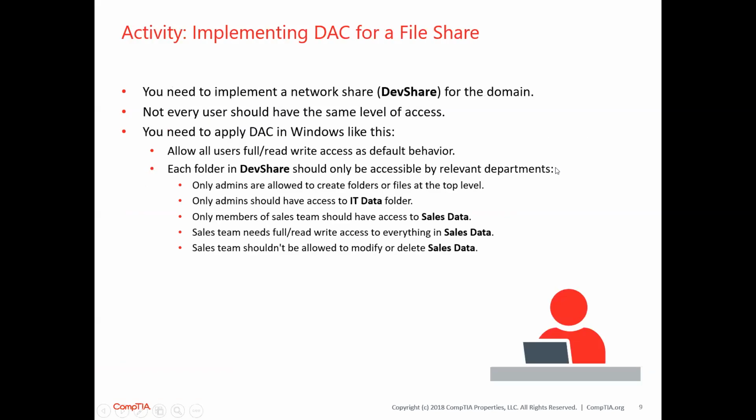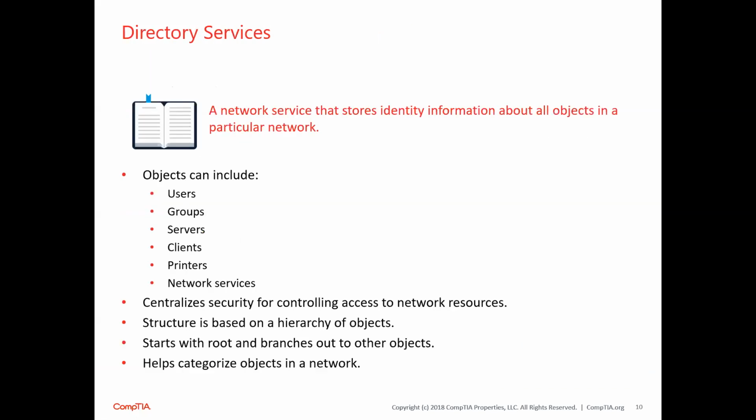Okay. Now, I've already shown you how to provide access, so I'll skip this activity. Let me move on to Active Directory, Directory Services. Directory Services is a network service that stores identity information about all objects in a particular network. Objects can include anything like users, groups, servers, clients, printers, and network services.